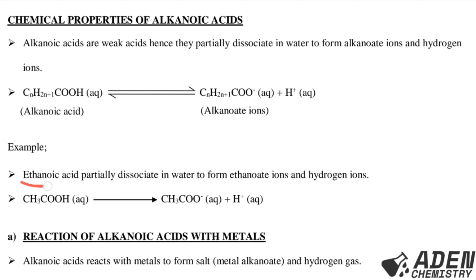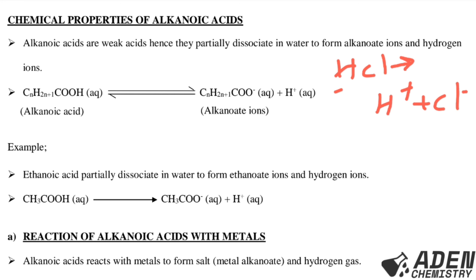Remember, ethanoic acid is an acid, or in general, alkanoic acids are acids. And we said all acids have hydrogen ions. So for example, if we go back to the mineral acids, we had hydrochloric acid. When hydrochloric acid dissociates in water, it forms hydrogen ions and also chloride ions.